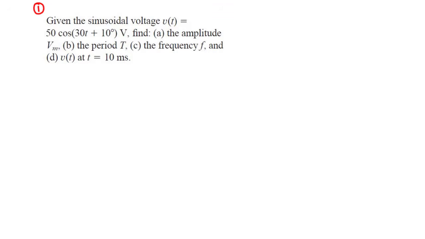Now we said that a sinusoid can be represented as a sine or a cosine function. Now from this question, we have the sinusoidal voltage represented as a cosine function. Now the best thing we need to do is to compare this equation with the general form of a sinusoidal wave, considering the cosine function.